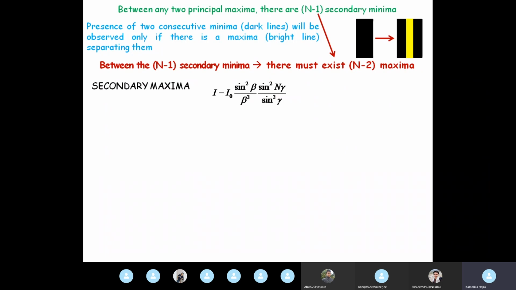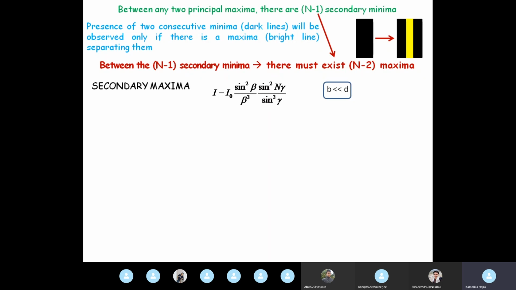Now again we recall that the intensity is given by I naught sine square beta by beta square, sine square n gamma by sine square gamma, and we recall that b is much less than d, because d is equal to a plus b, a is greater than b, so typically b is much less than d.